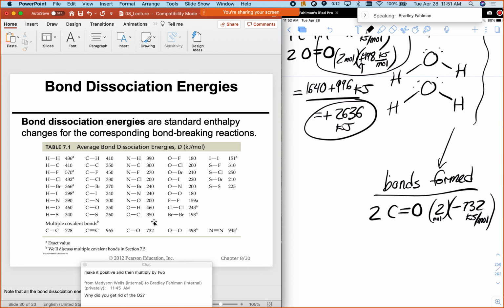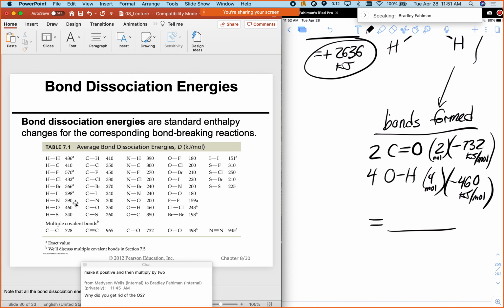And then you are forming 4 O-H bonds, right? So 1, 2, 3, 4. So that's 4 moles. And then an O-H bond is, where is it? There, 460, minus 460 kilojoules per mole.